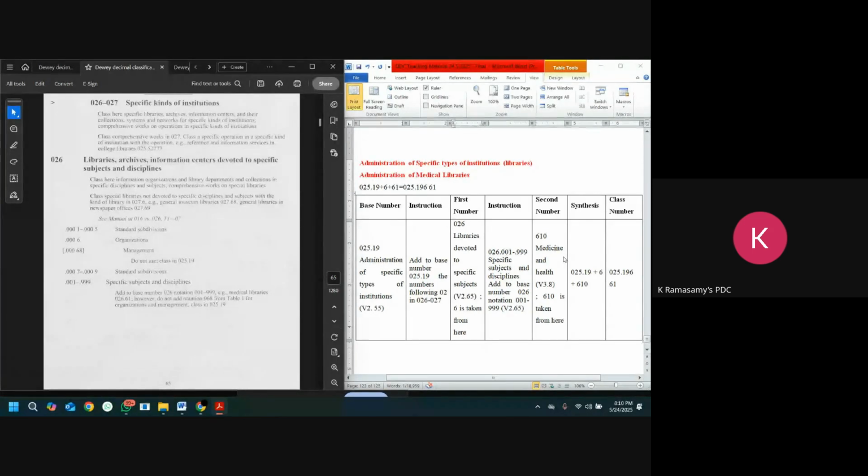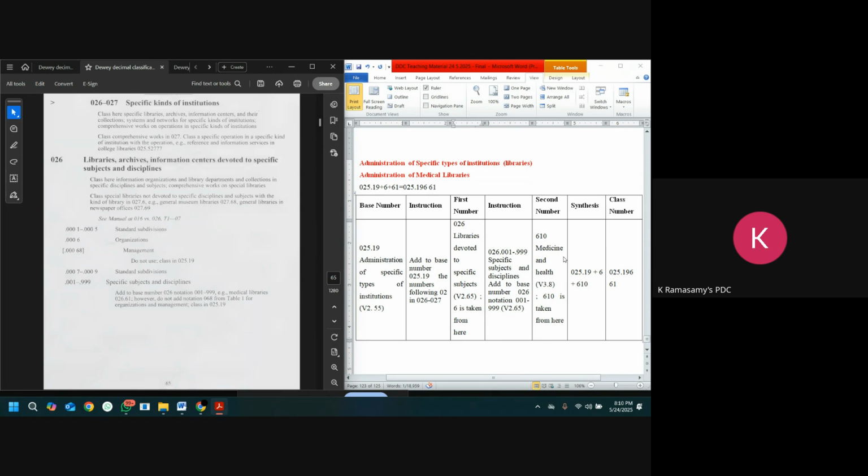Numbers taken from Table 3A, 3B, and 3C can be used only in 810 to 890, which stands for individual literature. Of course, Table 3C numbers can be used in 2 other subjects also, 700, 709, and 720 is a different case. Plus, Table 4 stands for individual languages, like grammar, dictionary, etymology, and all. These numbers taken from Table 4 can be used only for those numbers which are from 420 to 490. Only for those numbers can Table 4 numbers be added.